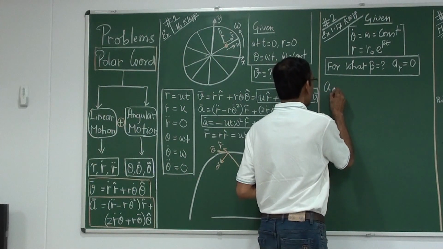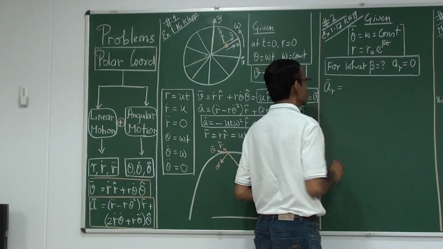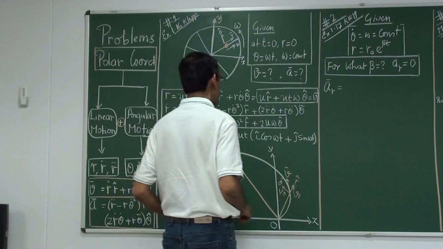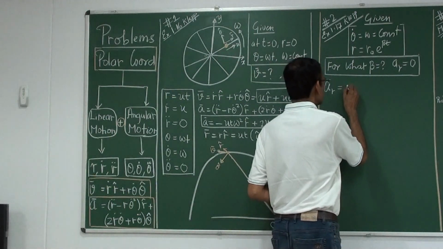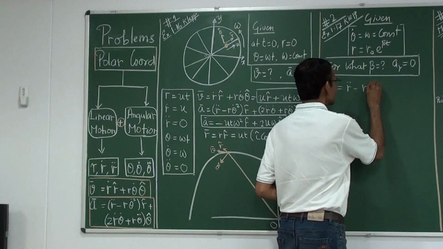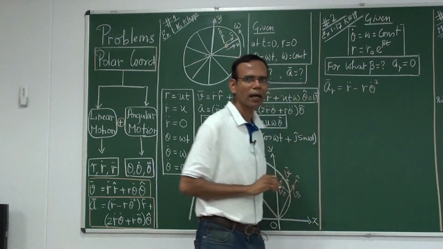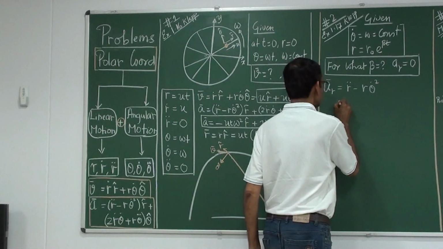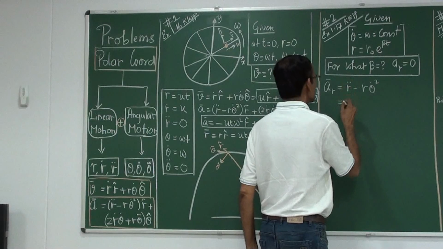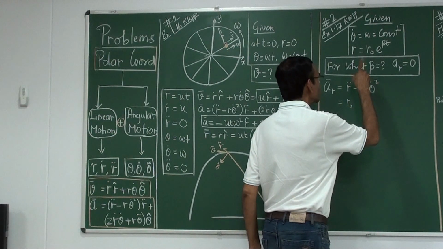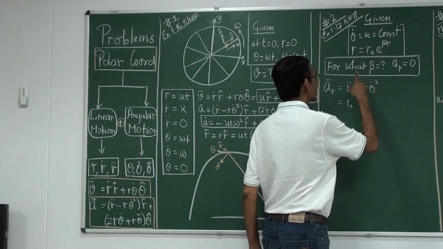So AR is equal to r double dot minus r theta dot square. This is the expression for AR. And how much is this? r double dot is r0 e to the power of beta t, so basically twice we have to differentiate.